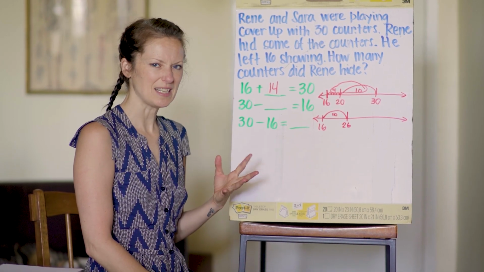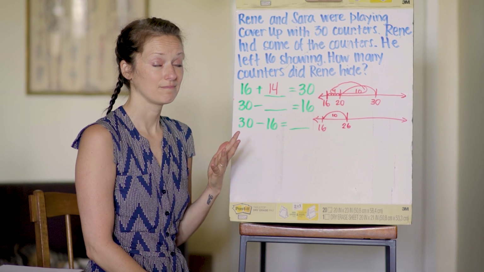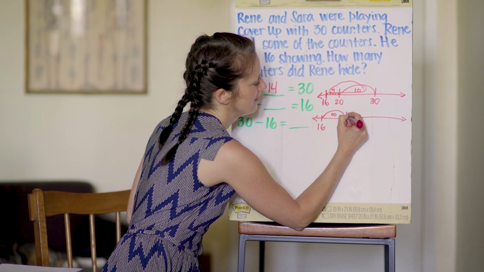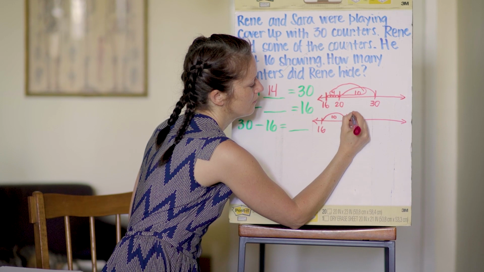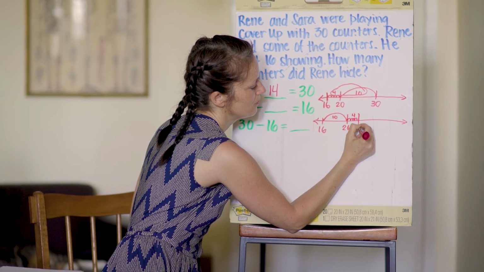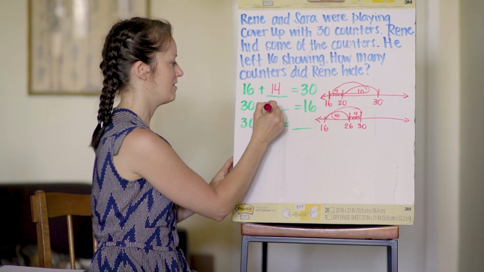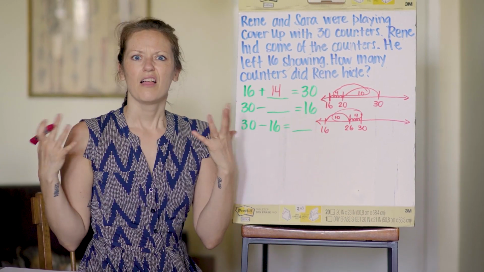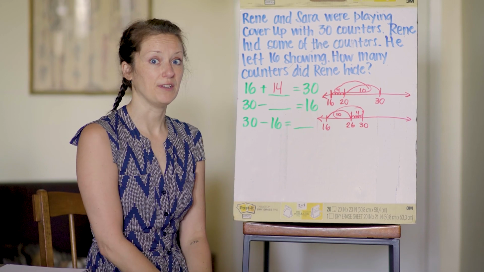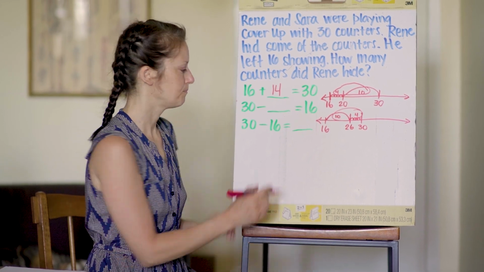And then how many more do I need to jump to get to 30? Yes, 4. 1, 2, 3, 4. That gets me to 30. So once again, 14 counters were hidden. So that's adding up in order to figure out your subtraction story problem.